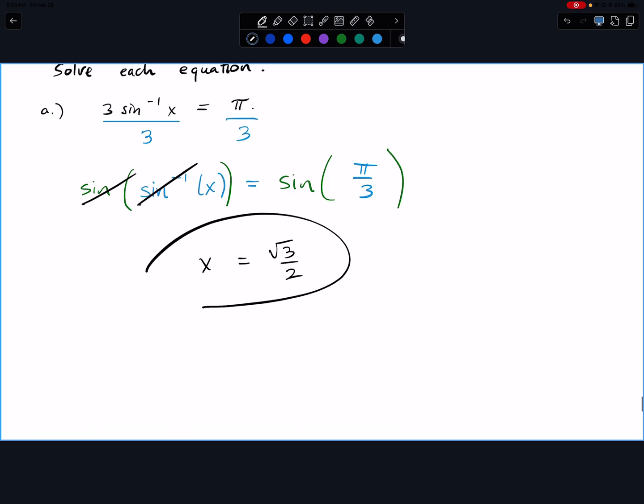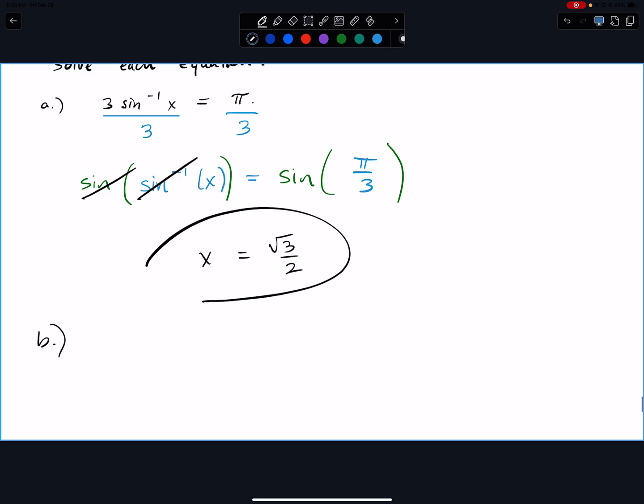B. I don't remember what B is. Hold on. I want to say it's 3 times something. Yes, 3 cosine inverse of 2x is equal to 2 pi.